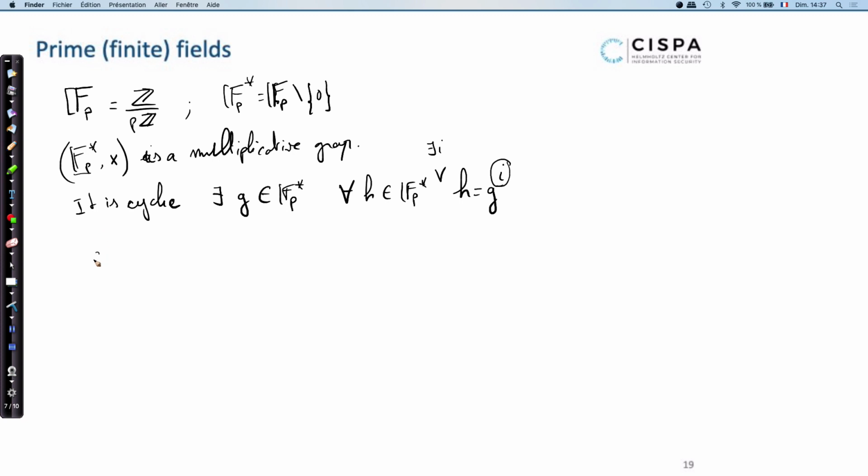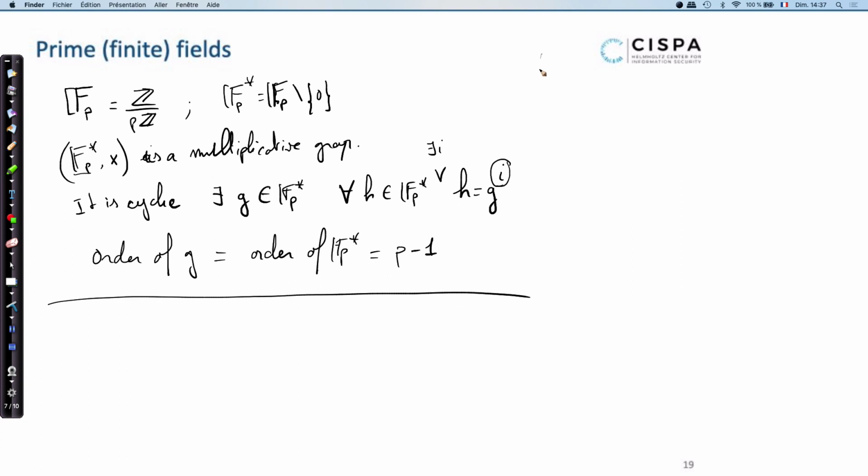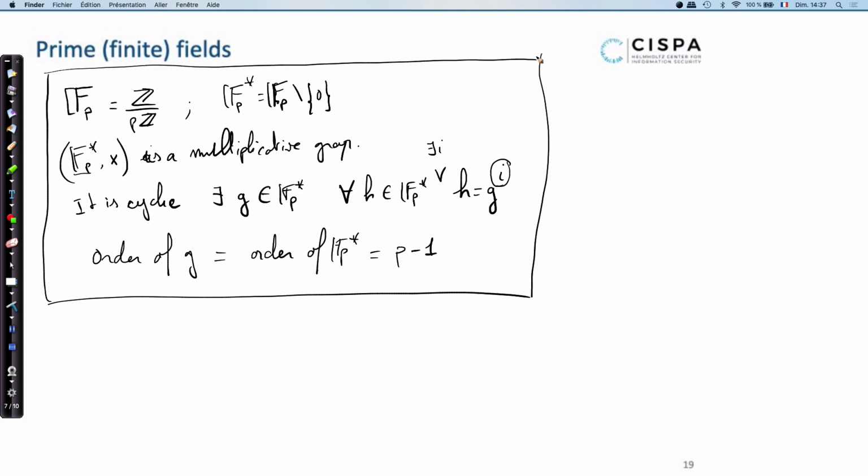So the order of G is going to be equal to the order of Fp star. And remember that the order of the group is just its cardinality, so it's p minus 1, because we remove 0 from the set. Good. So this is a very important group that you need to remember.